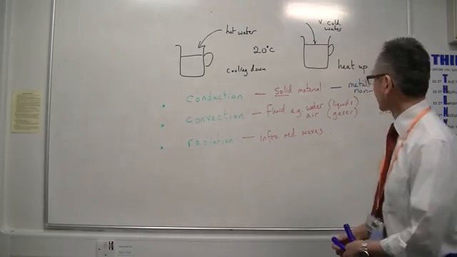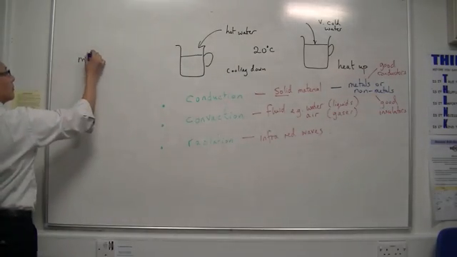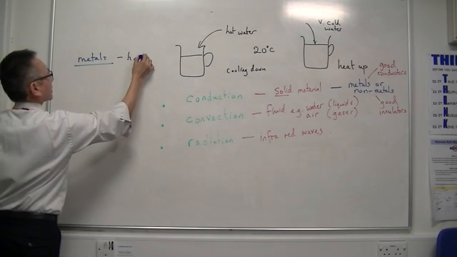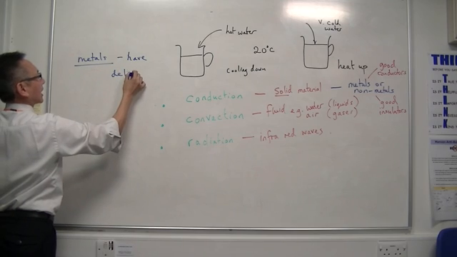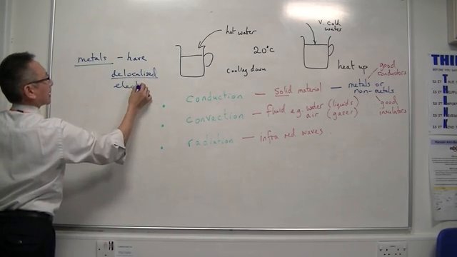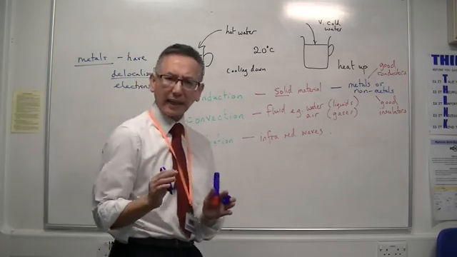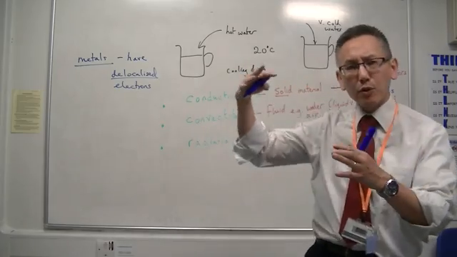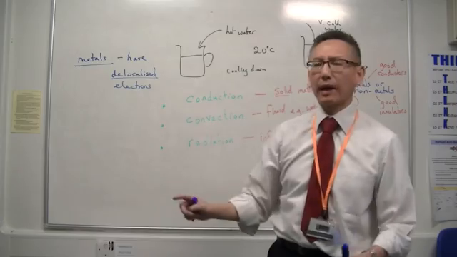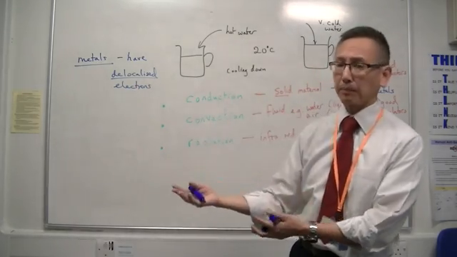And the plain and simple answer is that metals have something called delocalized electrons. And these tiny, tiny subatomic particles can carry the heat energy through the metal from one end to the other, from the hotter end to the other, and thereby the heat energy is transferred more quickly.